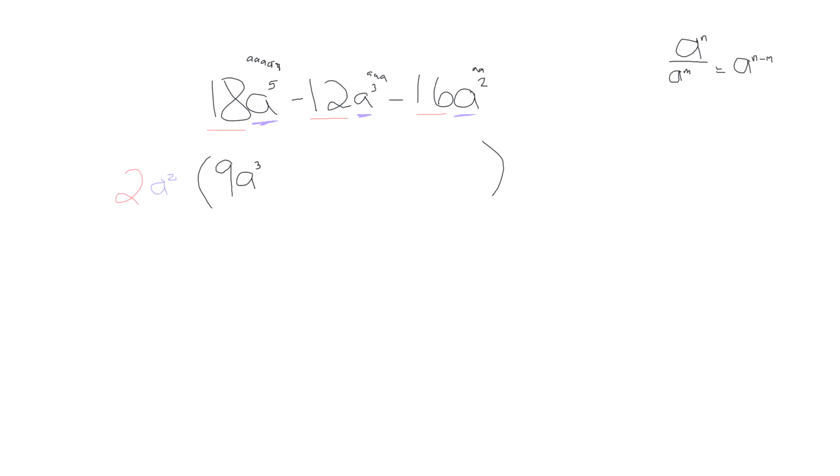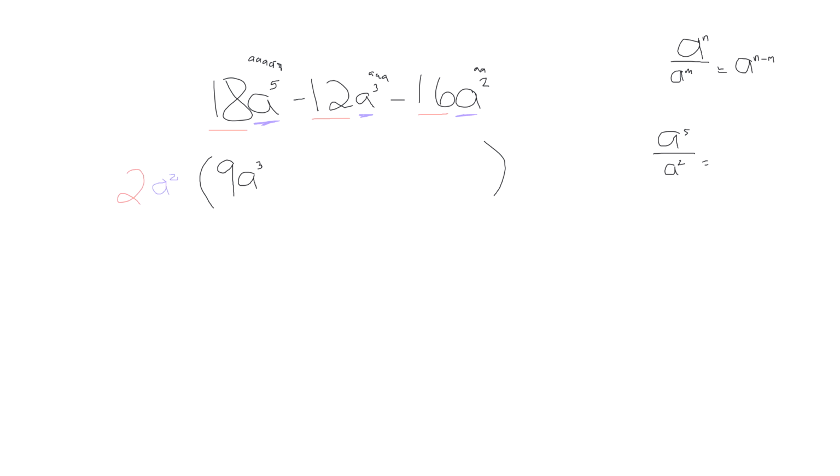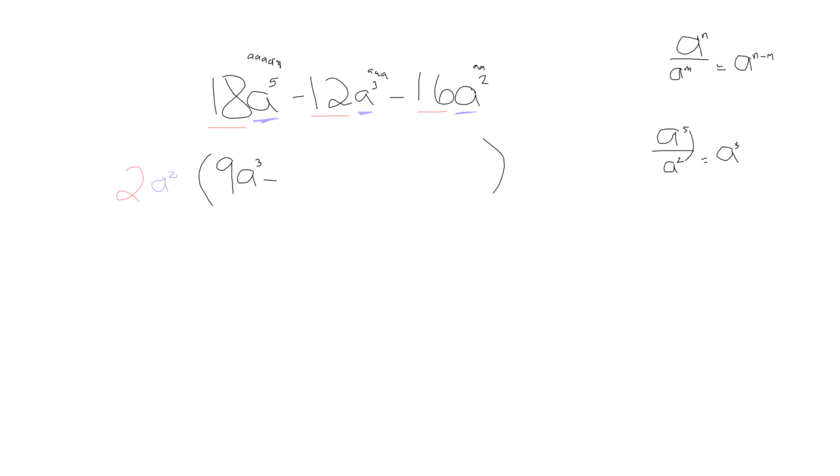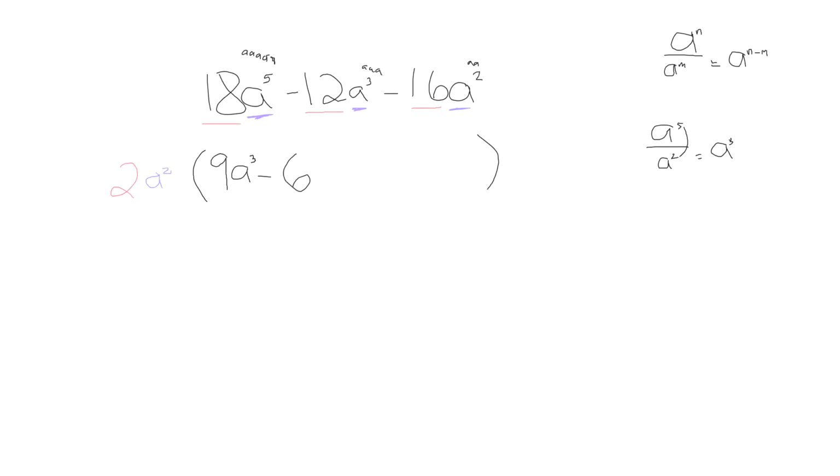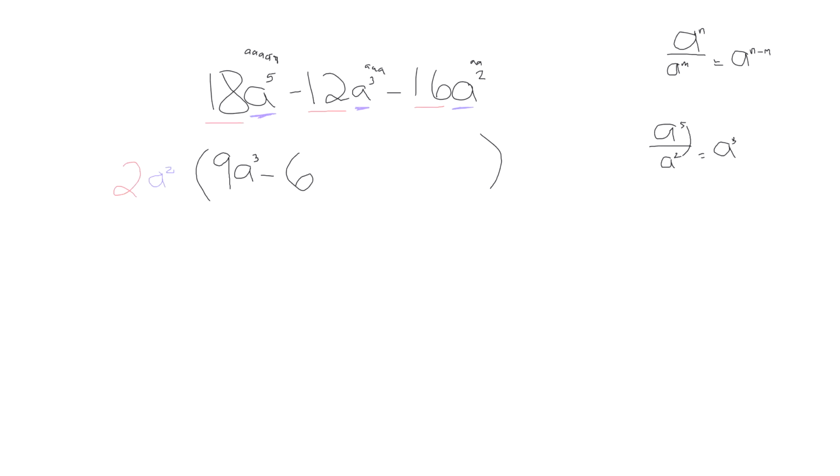So a to the 5th divided by a squared, I'm going to keep my base, a, and do 5 minus 2, and get 3, a cubed. So the next one, 2 will go into 12 6 times. And a squared divided into a cubed leaves me with 1a.